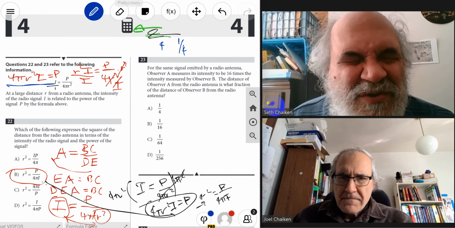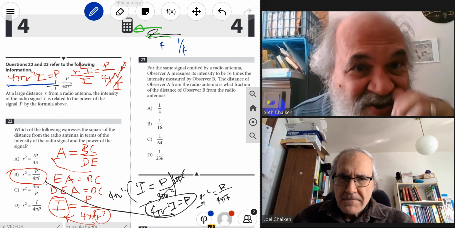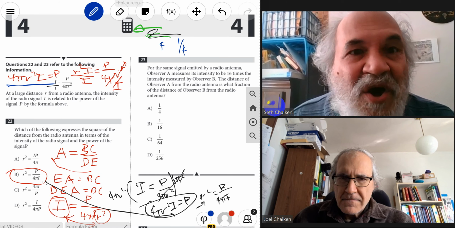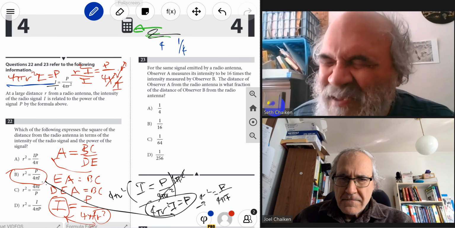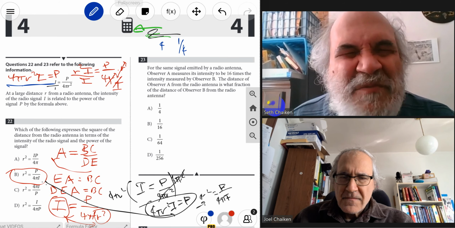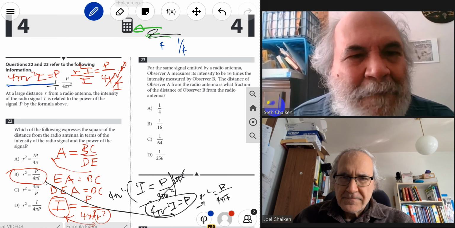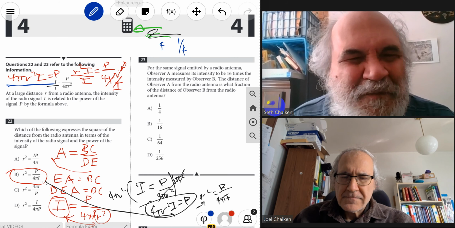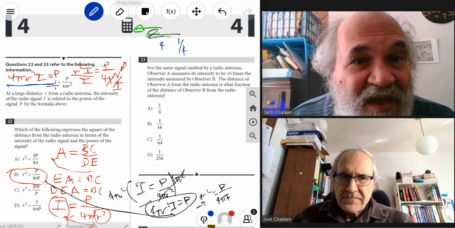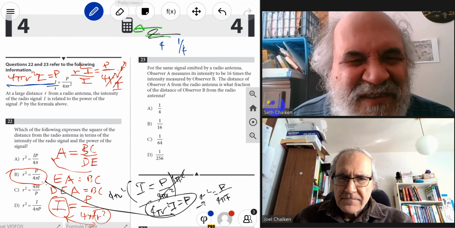So let's see. You measure the intensity to be larger by 16, and so you have to be closer. In fact, they only give you 4 choices, and the question is the fraction of the distance.